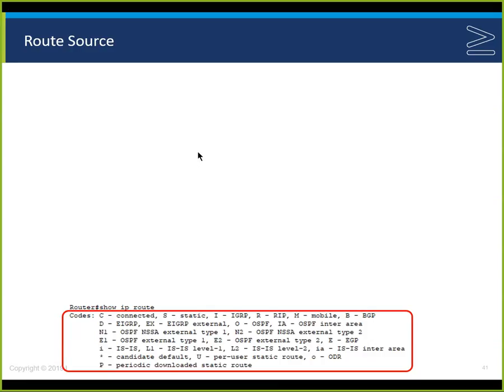So the route source, again, one of the things that we looked at, how was the route learned by the router? When we look at those things, the table shows up in the show IP route. C connected, S static, IGRP. IGRP is a Cisco proprietary, not used anymore protocol. RIP, mobile, BGP here for the B. BGP is the only exterior routing protocol.